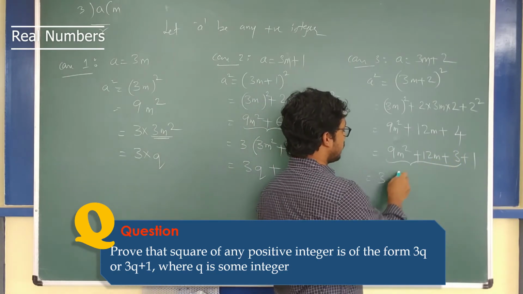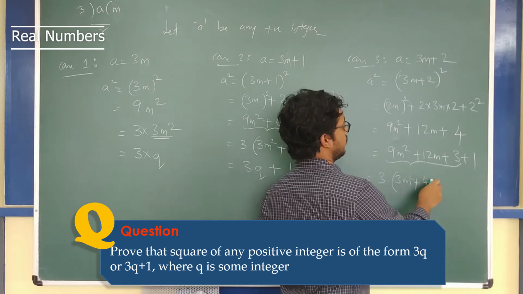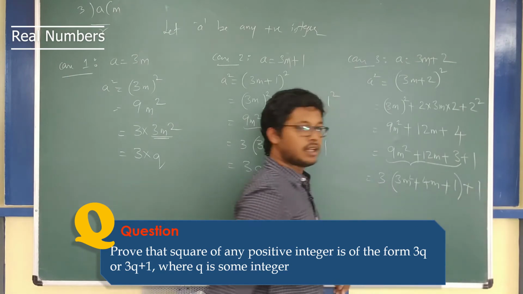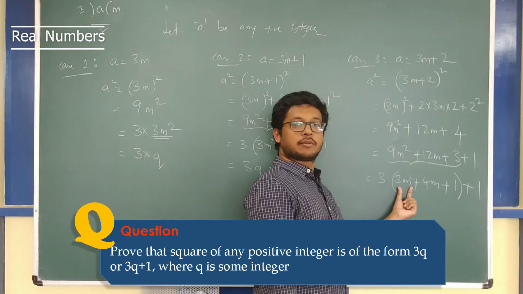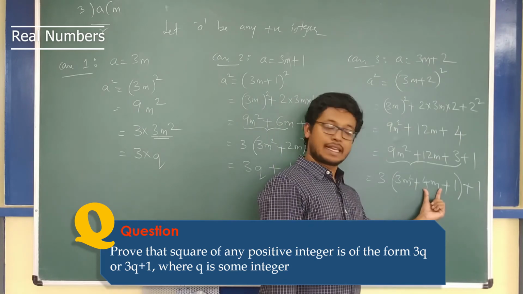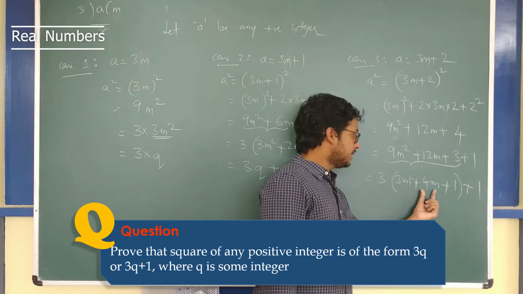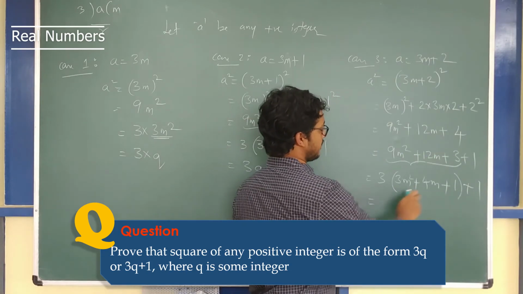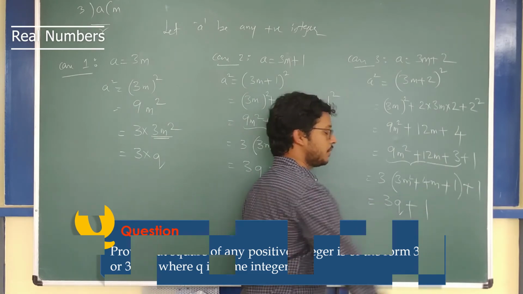So when I take 3 outside, this becomes 3m square plus 4m plus 1, and this plus 1 stays outside. Now what is this whole thing? m square is an integer, 3m square is an integer, 4m is another integer, 1 is again an integer. Integer plus integer is again an integer. So this can be written as 3 into some integer q, plus 1.